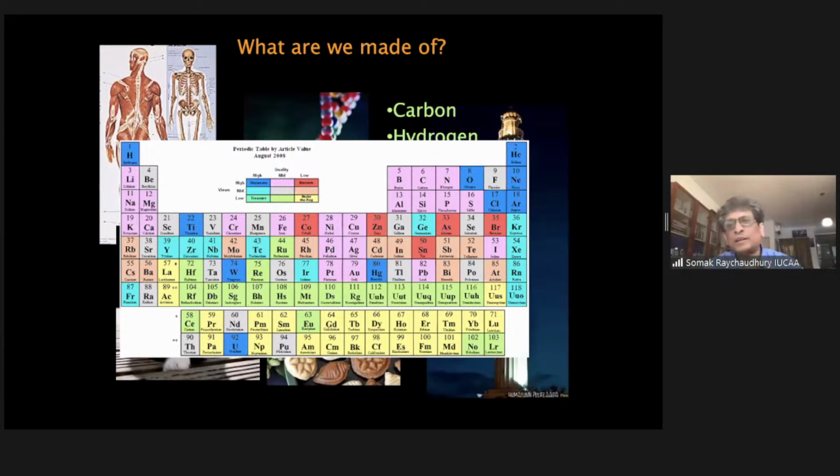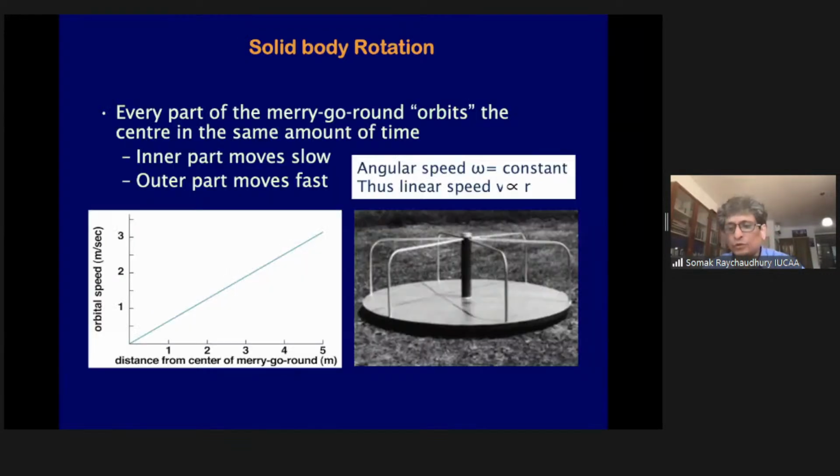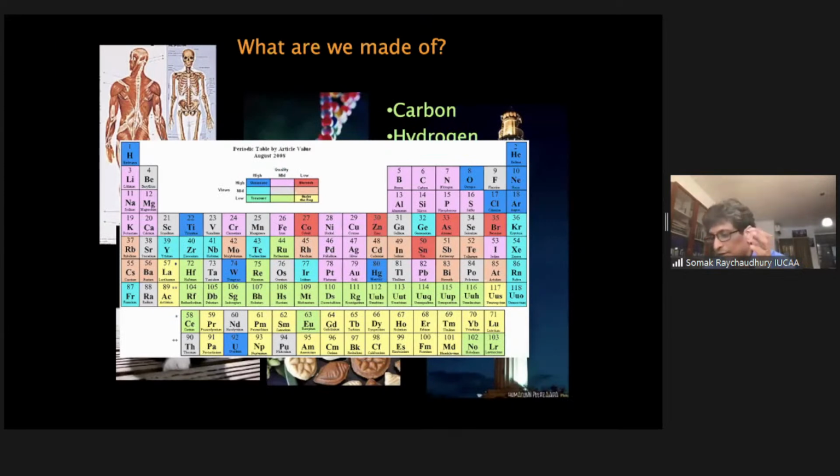But is the universe made up of these things, or is it made up of something else? So the answer is surprising, and this has only emerged in the last 50 years. To do that, I need to introduce a couple of very simple dynamical concepts, and I'll come to this issue in the next lecture, which is tomorrow.